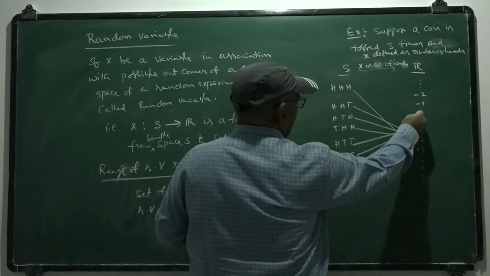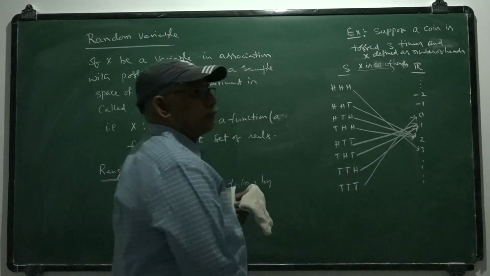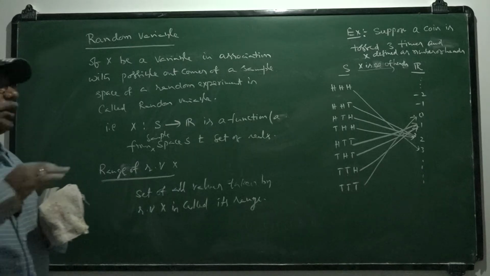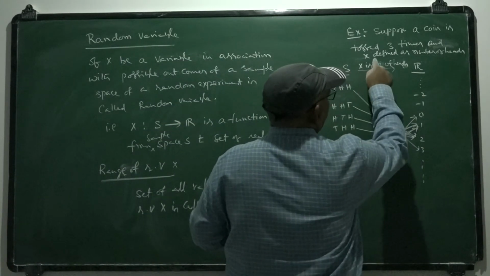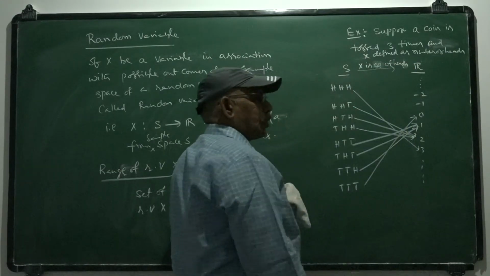TTT, there is no head, so it is mapped to 0. So you can find a mapping between possible outcomes and the set of real numbers based on the definition of a variable X, which is called a random variable.